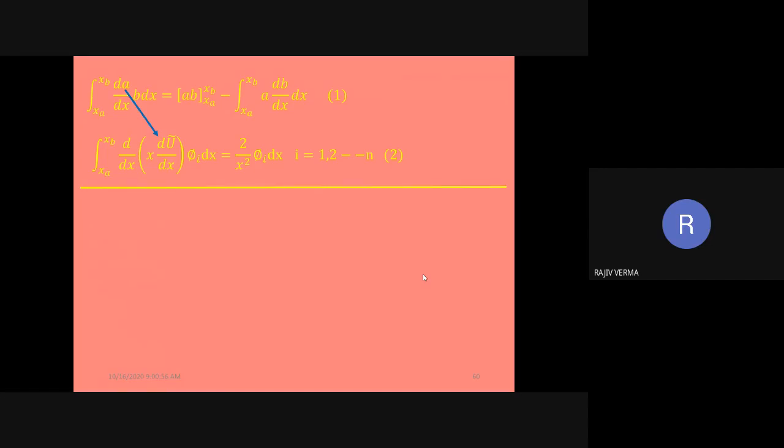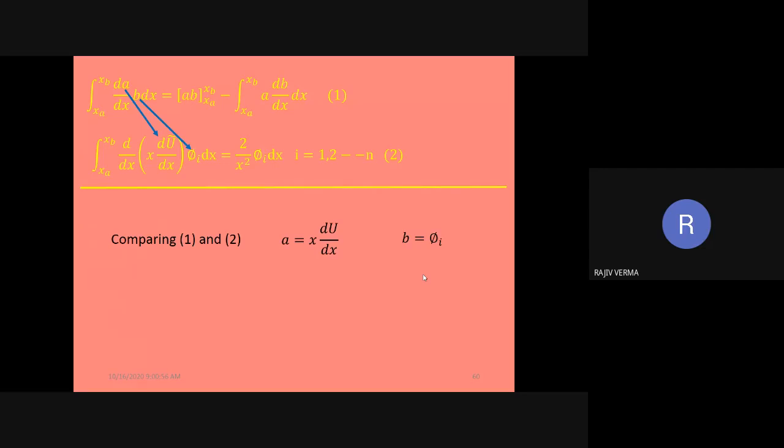Similarly, in equation number 1, there is a term B which is not being differentiated, and in equation number 2, there is a term phi I which is not being differentiated. So when you compare equation number 1 with equation number 2, A becomes x into du by dx, while B becomes phi I.